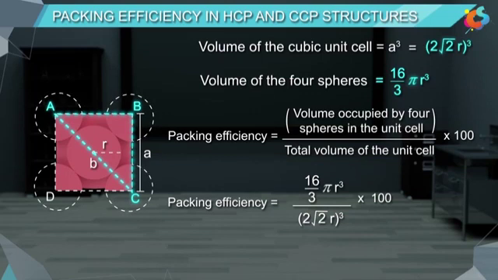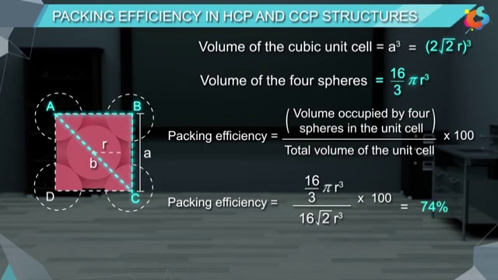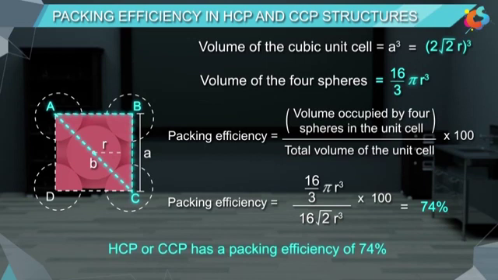Packing efficiency is equal to 16 by 3 pi r cube into 100 by 16 square root of 2 r cube, which is equal to 74%. HCP or CCP has a packing efficiency of 74%.